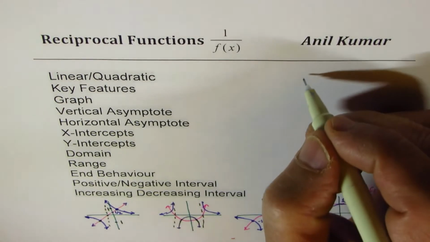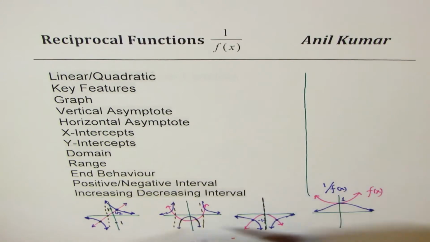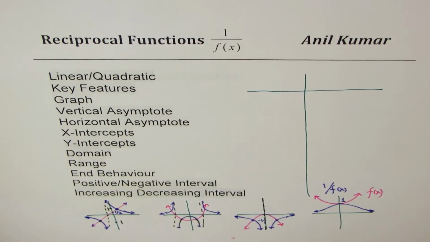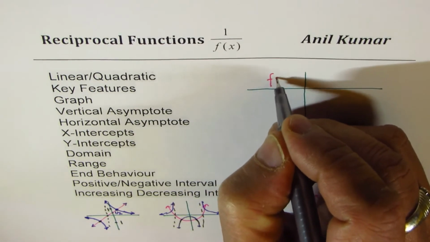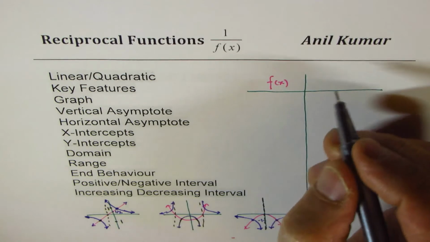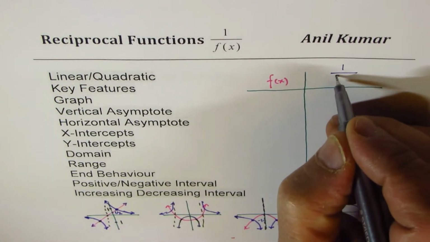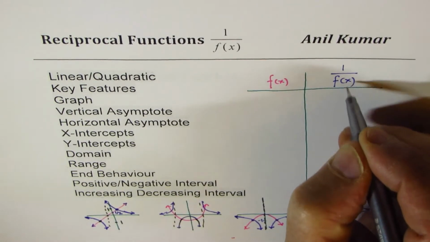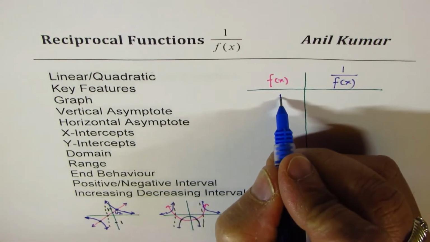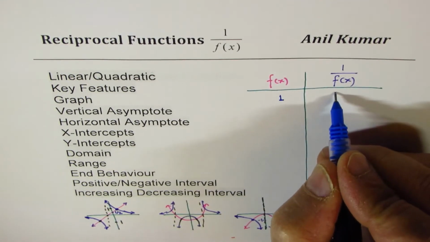Now, let me summarize here some learnings which we did while doing all this. So what we saw here is that if I have a function f of x, and if we have reciprocal of this function, that really means 1 over f of x, correct? So that becomes the reciprocal function. So if I have a point on the function which is +1, then reciprocal will be +1.